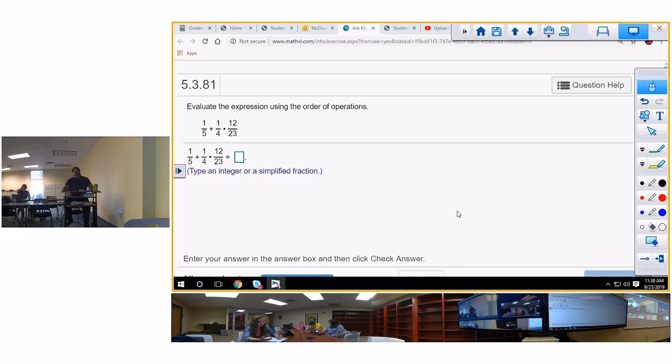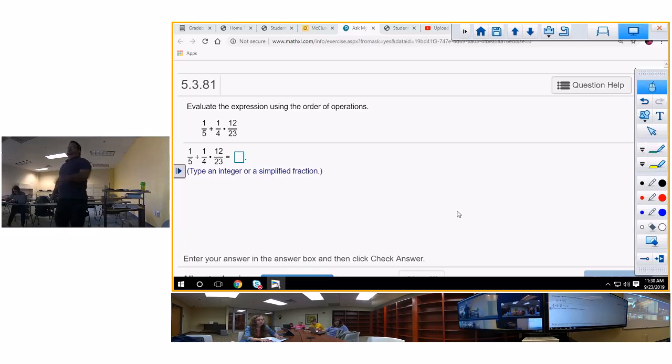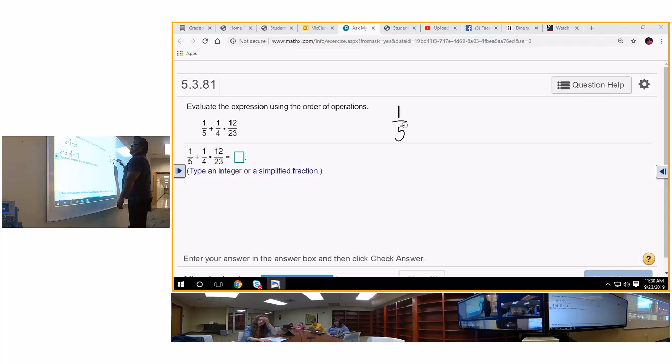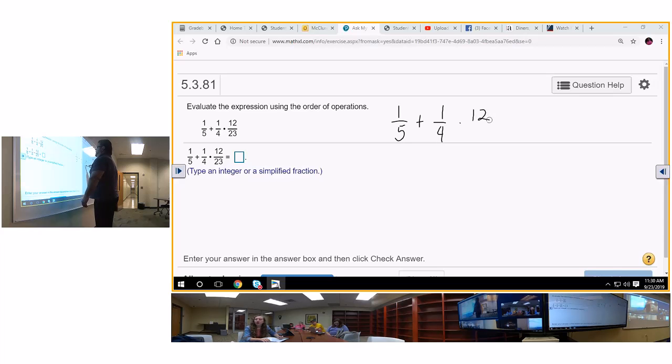So, do we have brother and sister or cousins? You got cousins. So that means you go to Aunt Sally's house. So that means you're going to multiply first. So I would put the parentheses around 1/4 and 12 23rds. 1/5 plus 1/4 times 12 over 23.